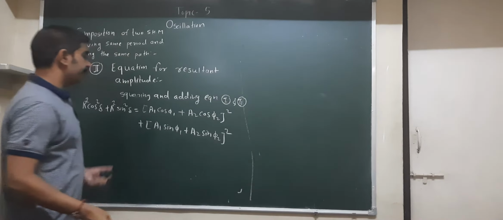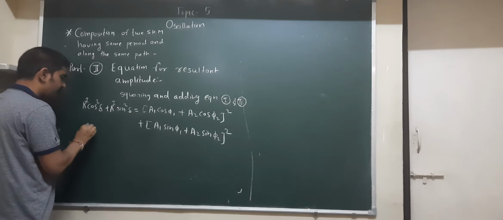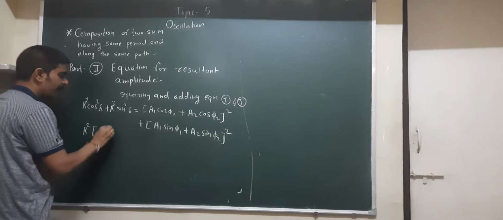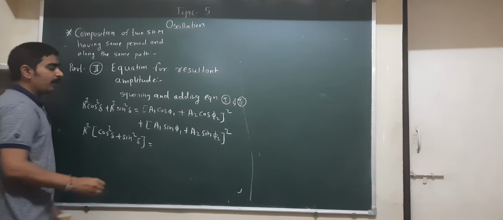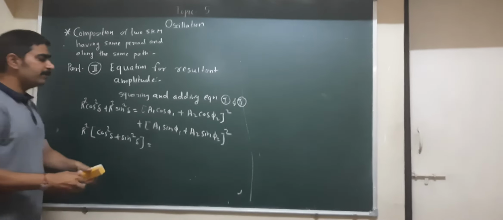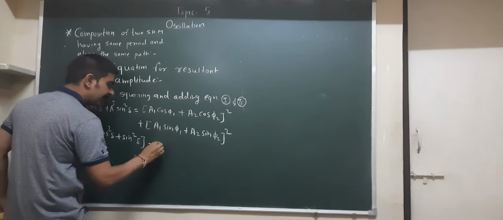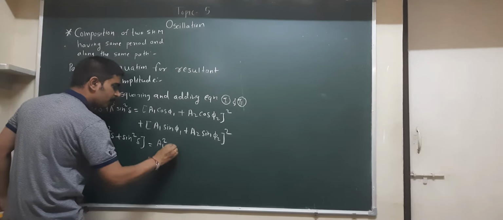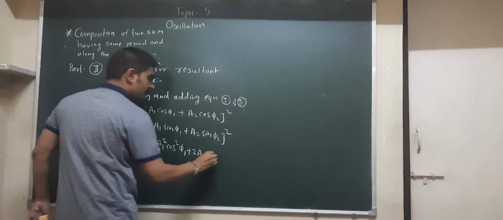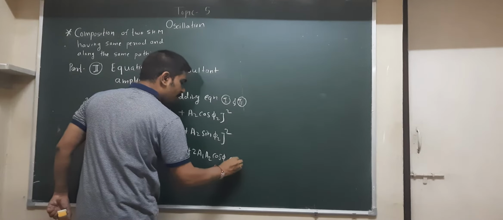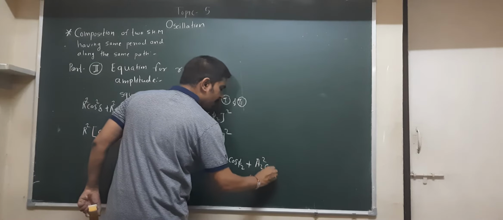Now squaring and adding means here we have to apply the formula of (a plus b) bracket square. Friends, take R square as common, so cos square delta plus sin square delta. Now (a plus b) square is a square plus 2ab plus b square. In that way we can write the expression for the first bracket: a1 square cos square phi 1 plus twice a1 a2 cos phi 1 cos phi 2 plus a2 square cos square phi 2.